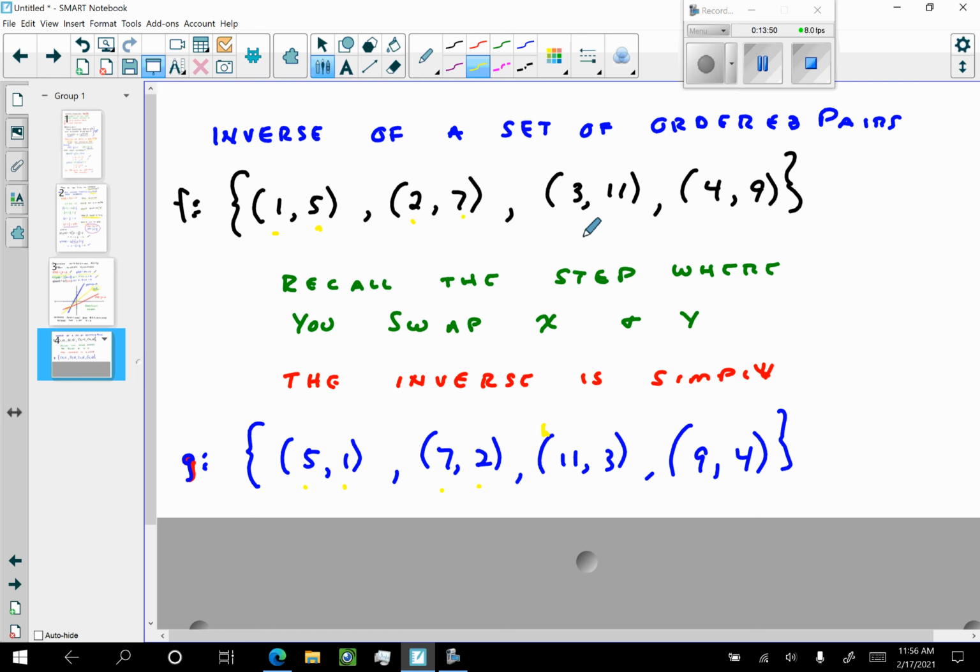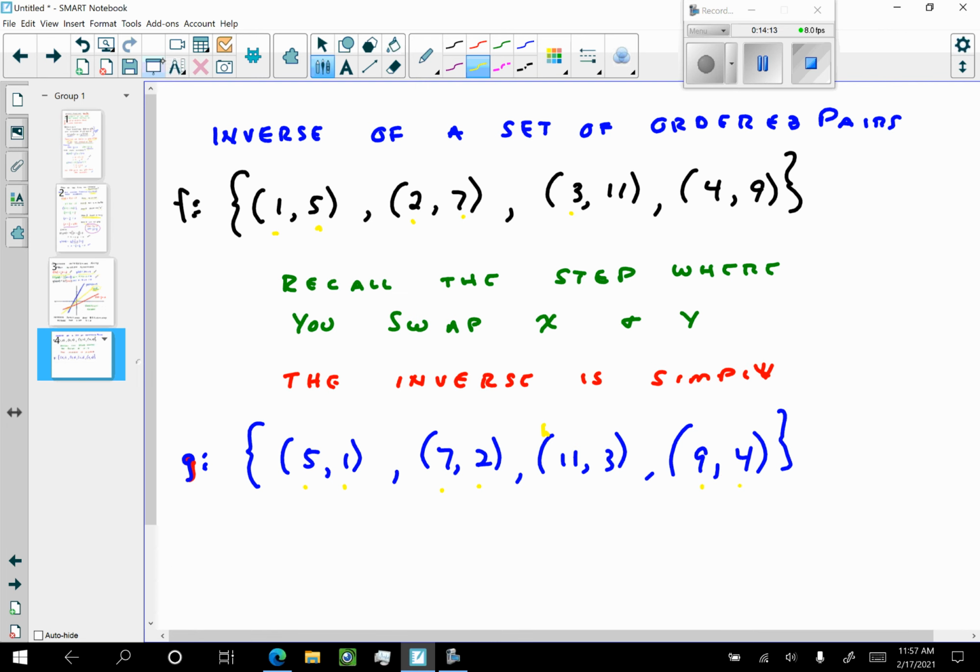All you're doing is swapping: the xy becomes the yx, and this is your new xy on your inverse. This x becomes a y, this y becomes an x, and that's the inverse. And I want to tell you, that's how easy it is to find the inverse of a set of ordered pairs.